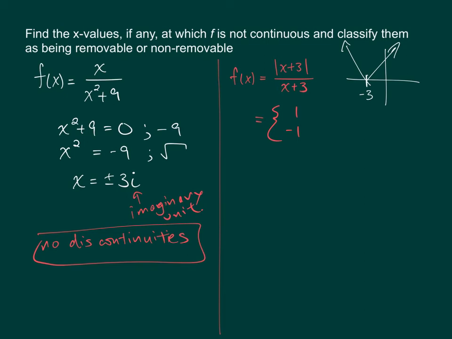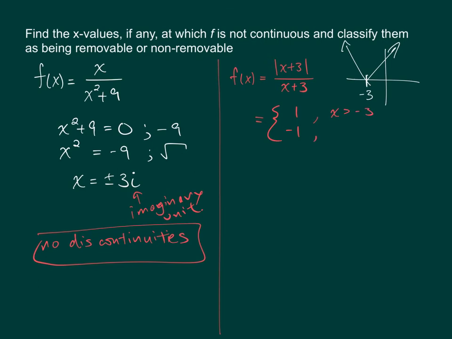When you take the positively sloped portion of this, that gives you the equation x plus 3, and when you divide x plus 3 by itself, you get 1. That happens when x is bigger than -3, to the right of -3.